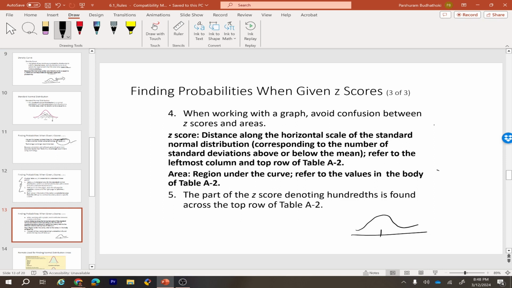If you look at the formula, the z-score tells how many standard deviations the value x is from the center. So how many standard deviations the data value is far from the center, that measurement is the z-score. That's a different thing than the area under the curve.